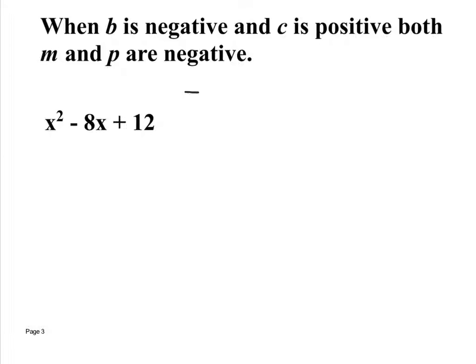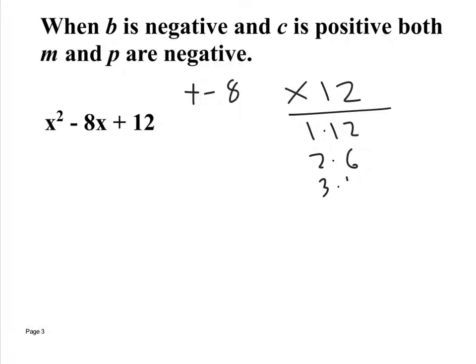So what would add to give me negative 8 and multiply to give me positive 12? Well, go through your factors of 12. These are the easier ones because you know they're both going to be negative. So 1 and 12, 2 and 6, 3 and 4. Would any of these add to give me negative 8? 2 and 6. Since I know they both have to be negative, I do x minus one of them and x minus the other one.